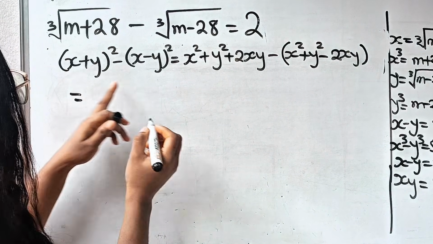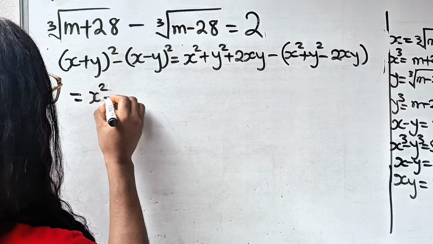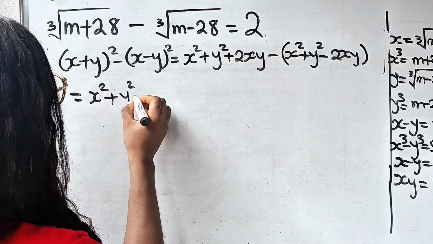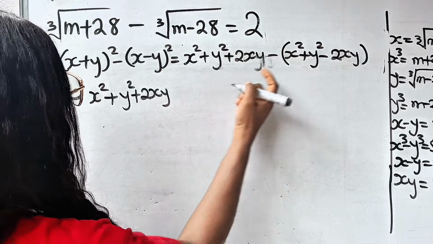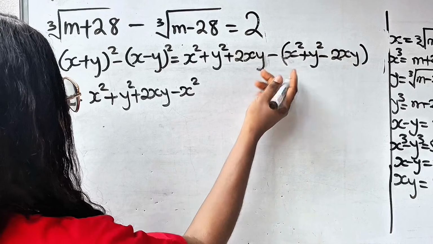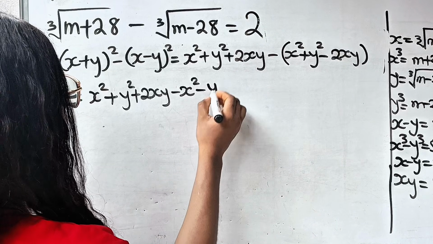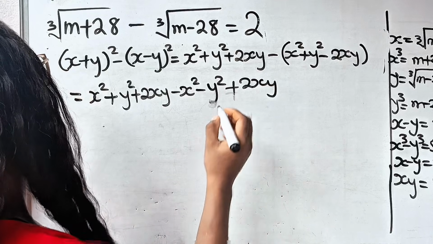So this will give us x squared plus y squared plus 2xy, then minus x squared minus y squared, because of this negative, minus minus is plus, plus 2xy.